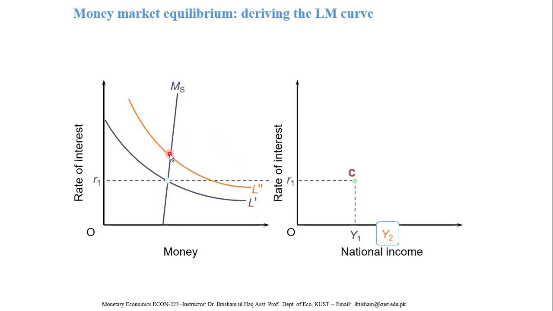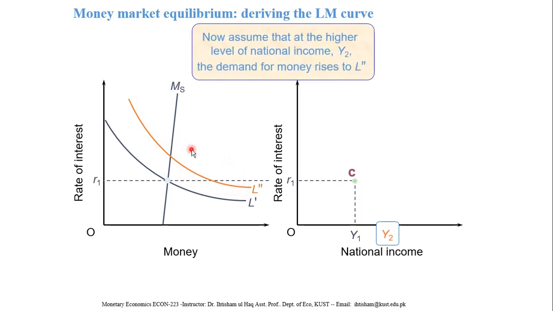Now the intersection in the money market takes place at this point, and the intersection of the supply of money and the new demand for money determines the equilibrium level of the rate of interest.